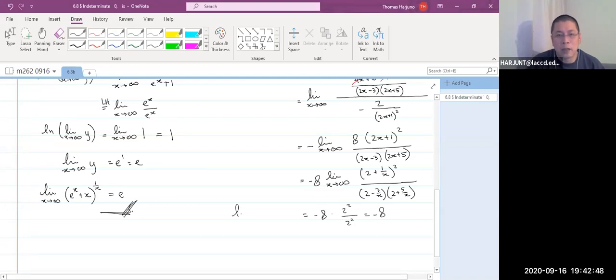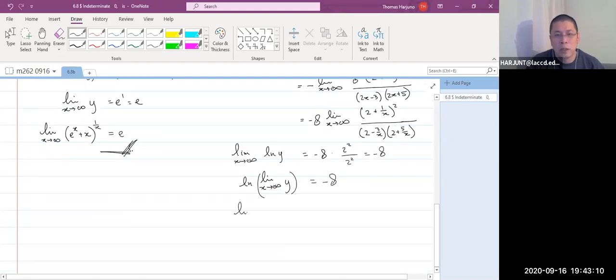But on the left hand side, that's the limit as x goes to infinity of the natural log of y. So natural log of the limit of y will be negative 8.